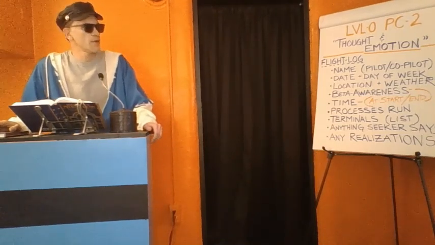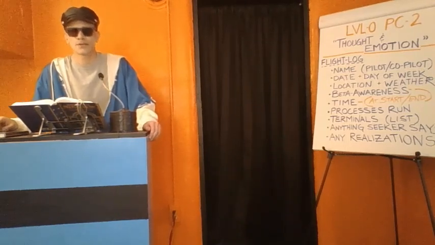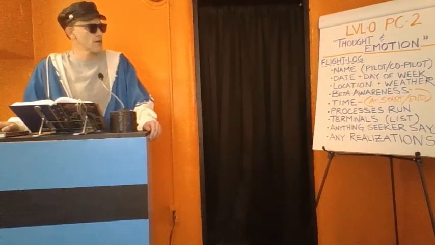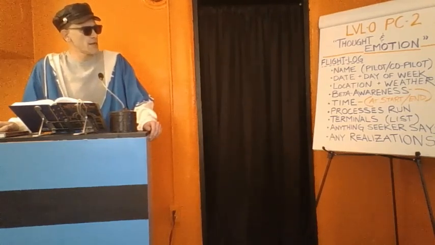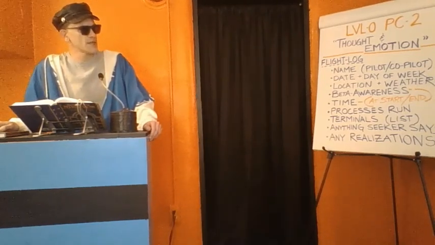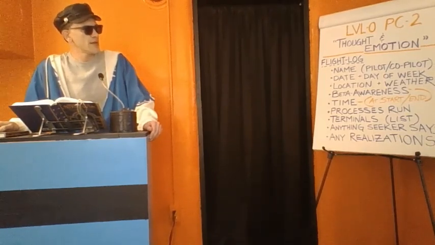So we want the beta awareness, and this is just an approximation, the seeker's beta awareness using the beta awareness scale that we've already covered. An approximation at the beginning of the session, along with the time of the start of the session, and then also the beta awareness and the time at the end of the session.